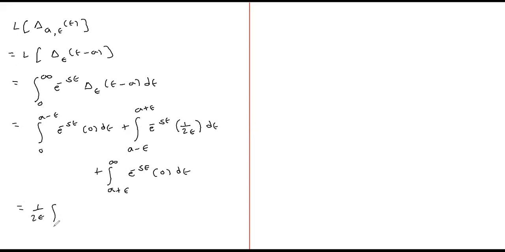So you are getting 1 by 2 epsilon times the integral from a minus epsilon to a plus epsilon of e power minus st dt. And what is the integration of e power minus st? E power minus st divided by, since you are integrating with respect to t, the denominator will be minus s, with the limits from a minus epsilon to a plus epsilon.